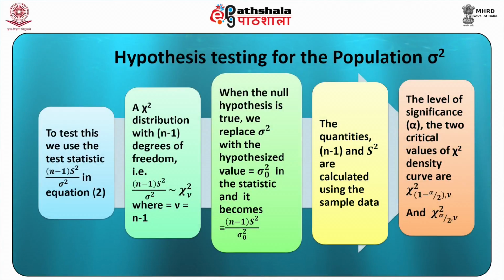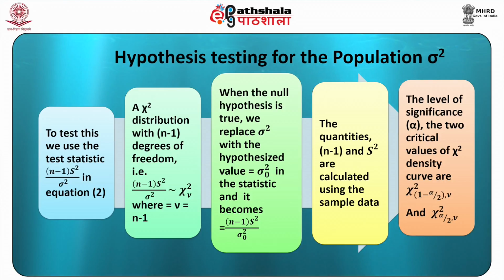To test this, we use the test statistic, which is n minus 1 into S square upon sigma square in equation 2, which has a chi-square distribution with n minus 1 degrees of freedom. In other words, I can also say we can write this as n minus 1 into S square upon sigma square distributed as chi-square nu, where nu is n minus 1.